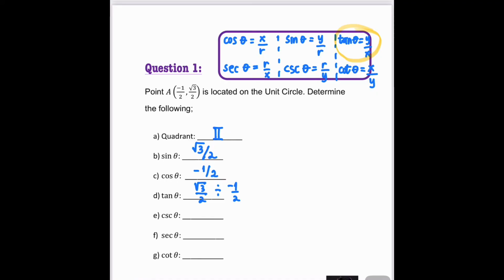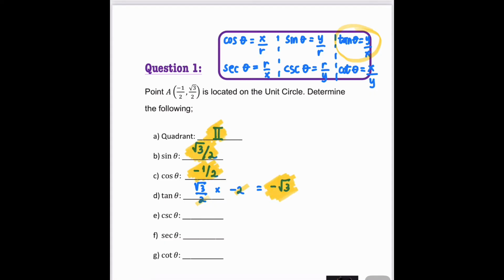If you're dividing fractions, for the divisor you need to get the reciprocal and change to multiplication. The reciprocal of -1/2 is -2. So square root of 3 over 2 times -2 is equal to negative square root of 3.